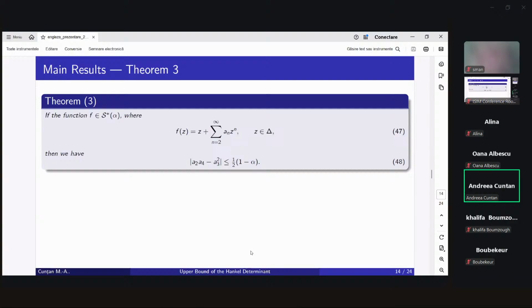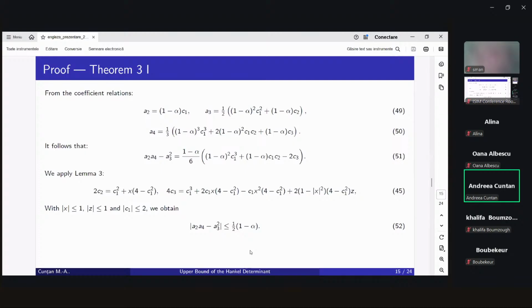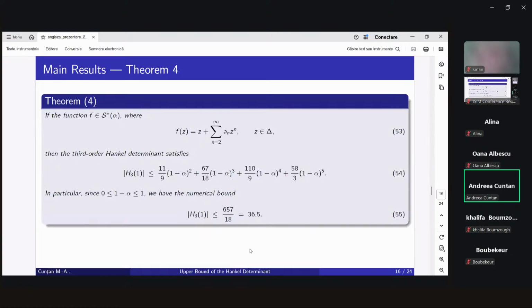Theorem 3. If the function f belongs to the star-like class with the relation, then you have the inequalities. Proof of theorem 3. The proof of this theorem is as follows. Theorem 4.